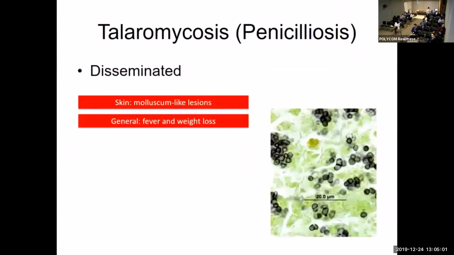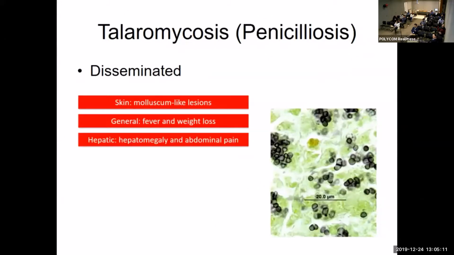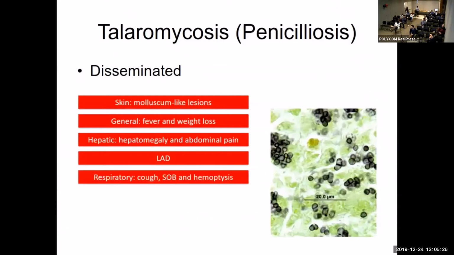So molluscum-like lesions, I don't know if this appears in the internal medicine boards or not, but I think that is a good differential diagnosis for molluscum-like lesions. For sure, the ones that you can get in the boards are Cryptococcus and Histoplasma with molluscum-like lesions. Usually, this patient will have hepatic involvement, lymphadenopathy, and wasting symptoms.